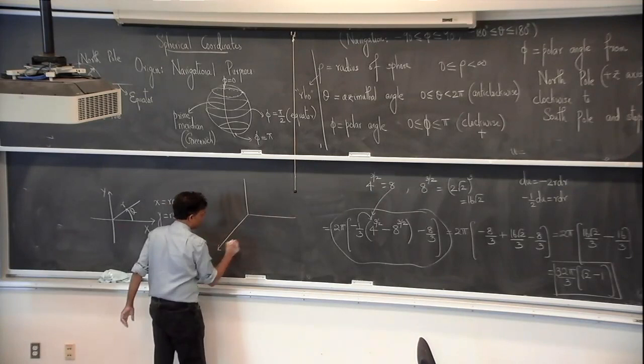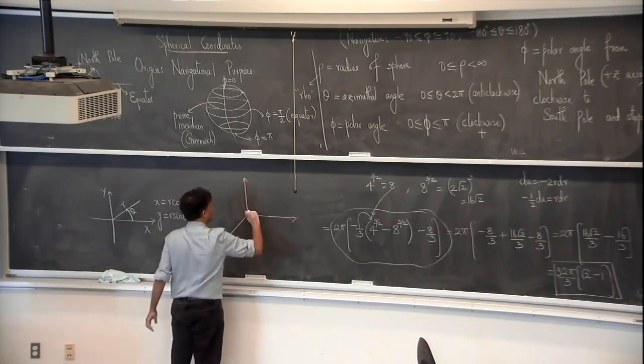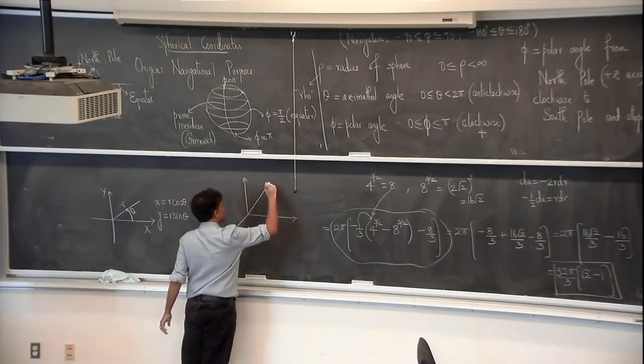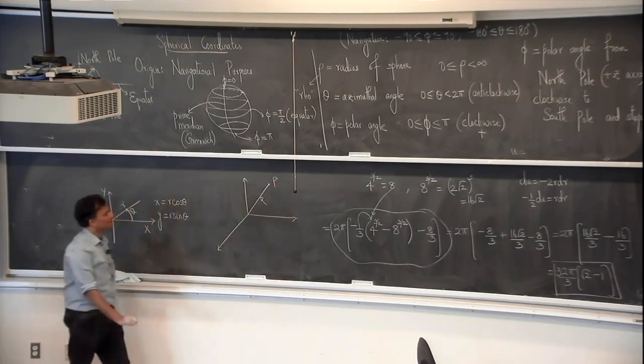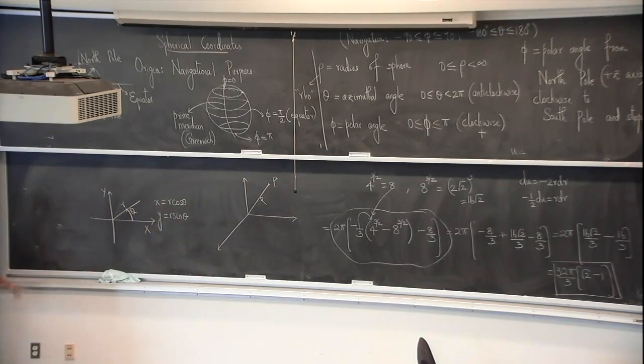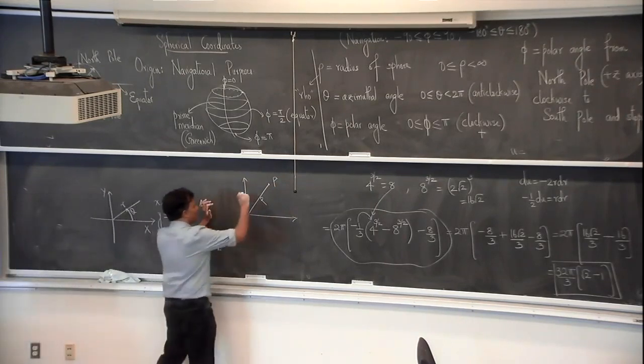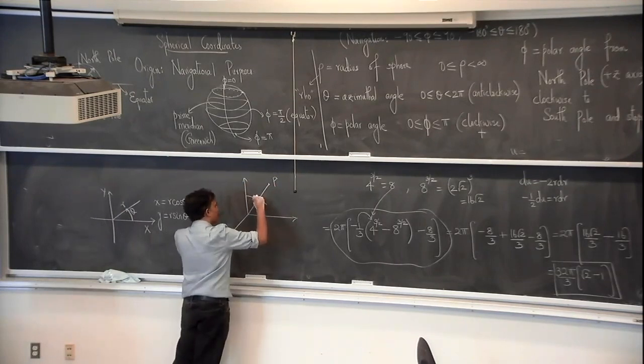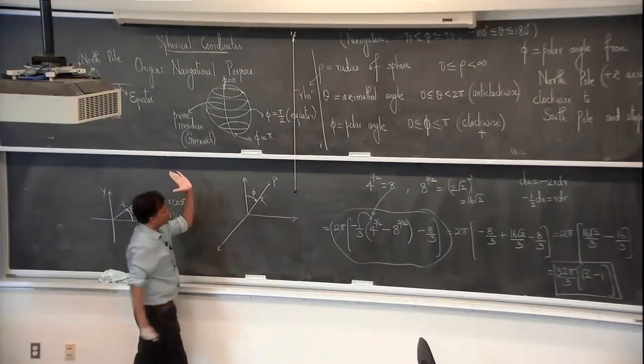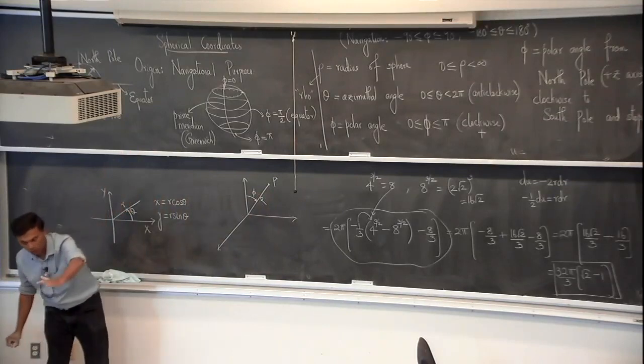This is the three-dimensional space with a new radius rho, which is defining your point P. So one is rho, the other one is P. And your angle phi is defined from here. The phi starts from the North Pole clockwise.